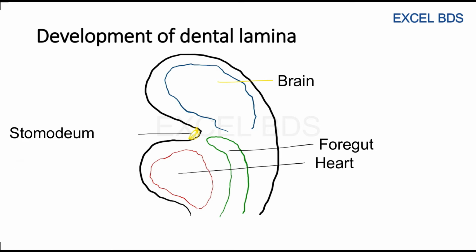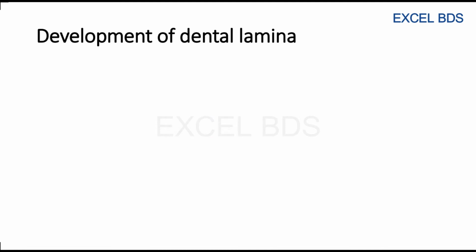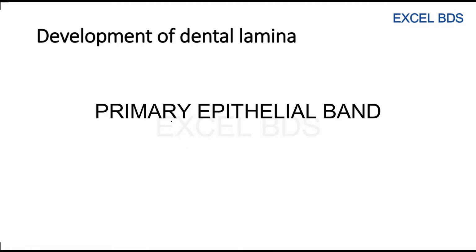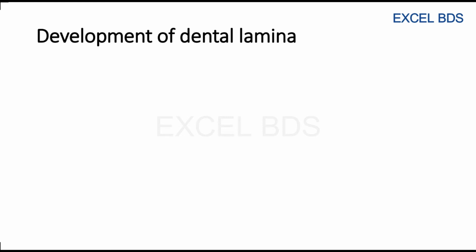So what happens at 6th week of intrauterine life, this stomodium will show an epithelial band. What is that epithelial band known as? It is known as primary epithelial band, right? And this epithelial band will divide into two structures. Let us see how it happens.